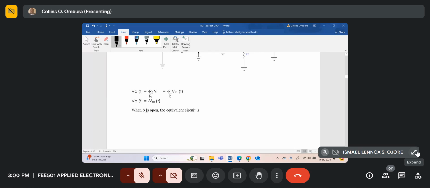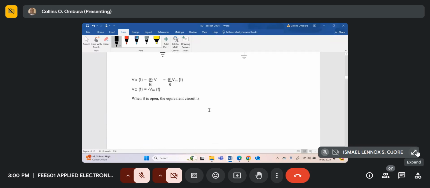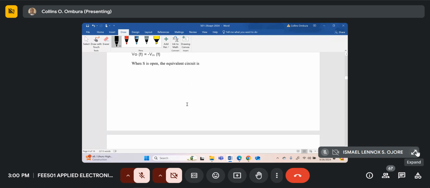So when the switch is open, the equivalent circuit is, what did I write? Sorry. Because of the editing I did today, a lot of my things have been misplaced. Let me try.